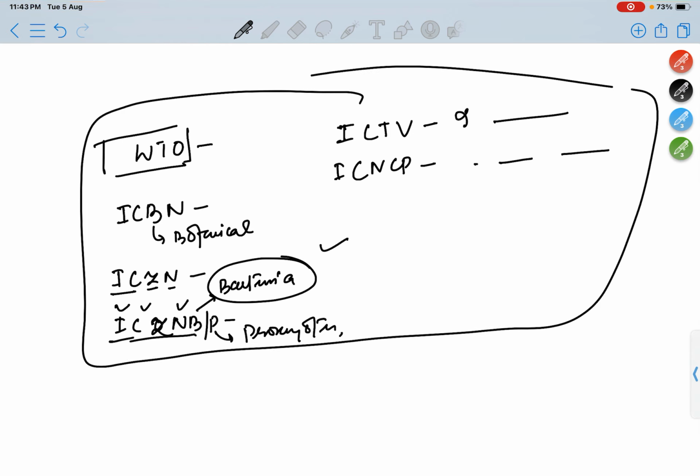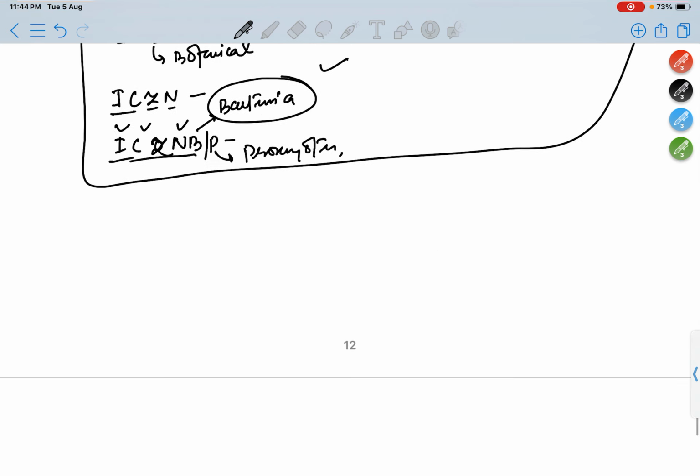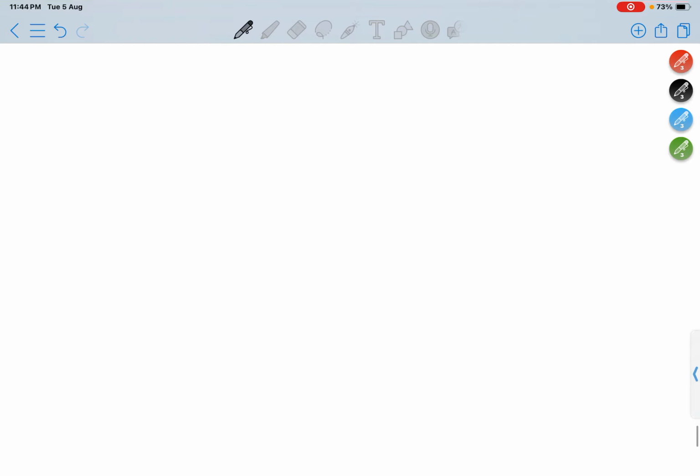Okay, that's it. Now, in the world, universally they recognize binomial nomenclature, right? In binomial nomenclature there are some rules.